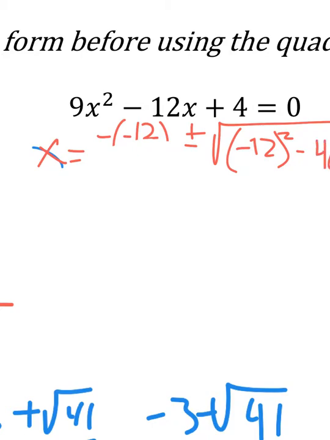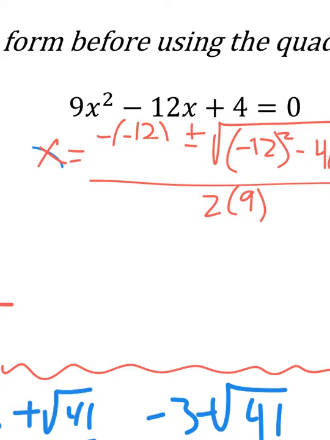Okay, so 4AC all over 2A. Okay, so that cleans up to 12 plus or minus. This is 144.